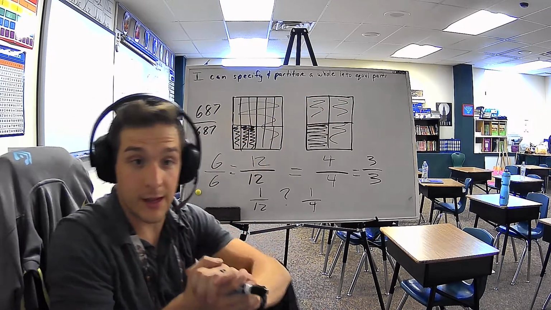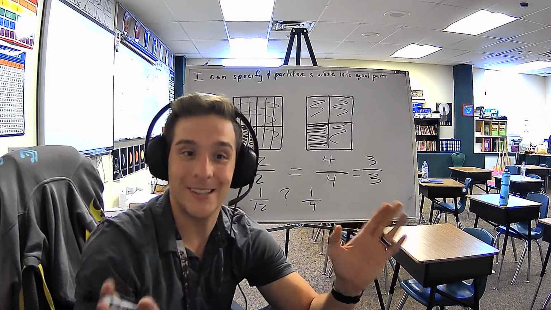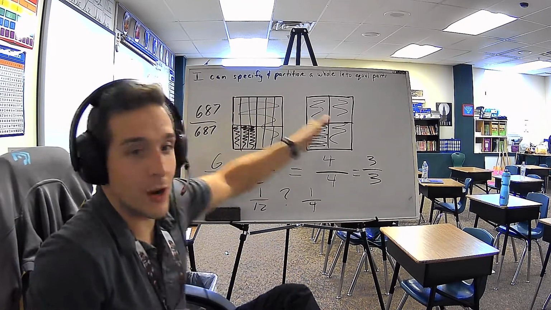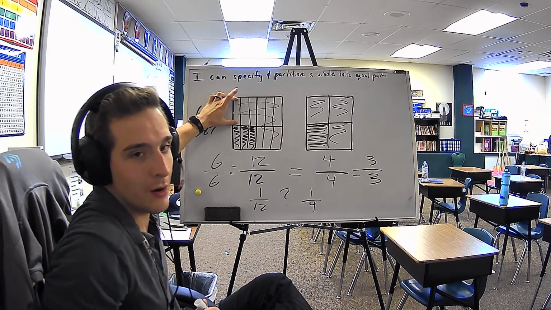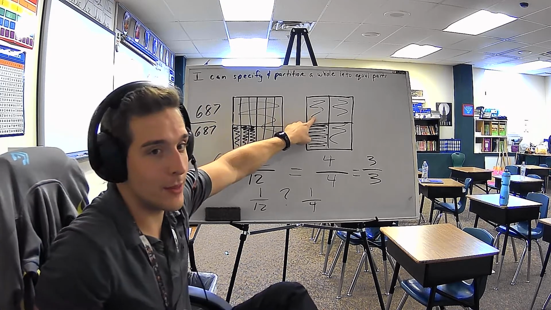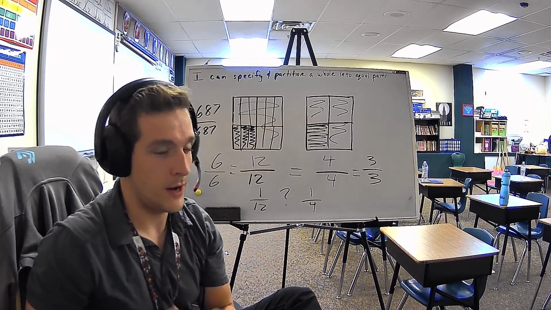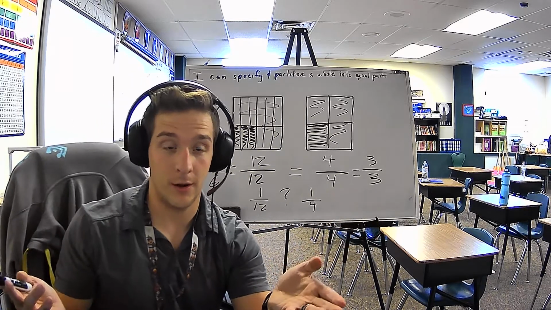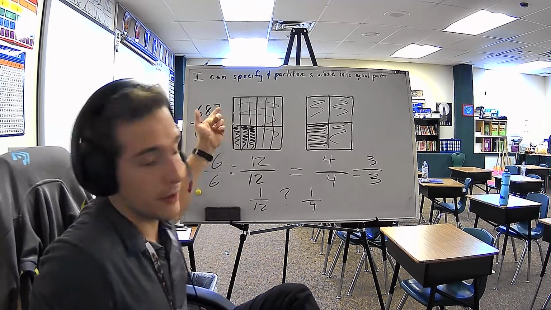So let's say, I'm assuming we all like chocolate here, so I'm going to say chocolate. Let's say I had 2 chocolate bars here. Would you rather have 1/12 of a chocolate bar or 1/4 of a chocolate bar? Which one's the bigger piece? Which one would you want more of? And if you like chocolate, you say 1/4. If you're like, I don't like chocolate, and if I'm going to have to eat it, then you might choose that one.